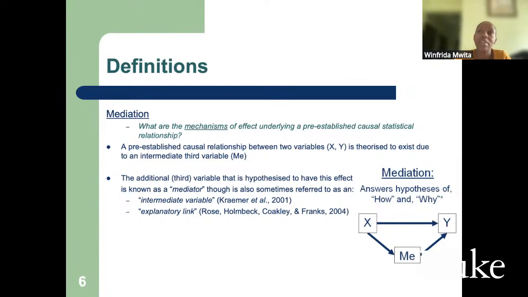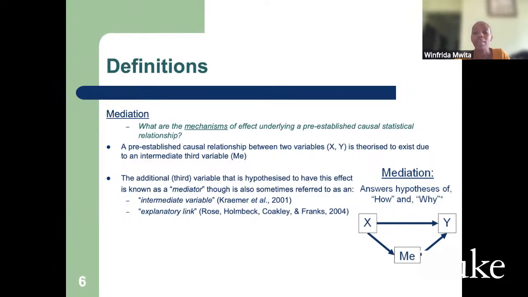As I said, for poor diet, how it can cause coronary heart disease, the intermediate variable would be blood cholesterol. So that's when you're talking about mediation.